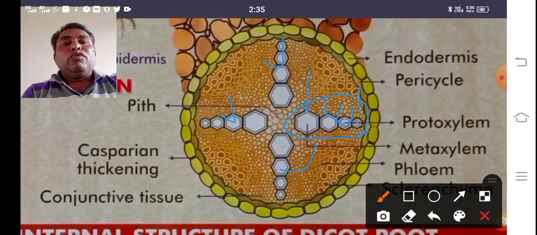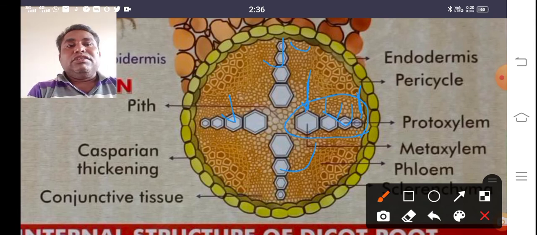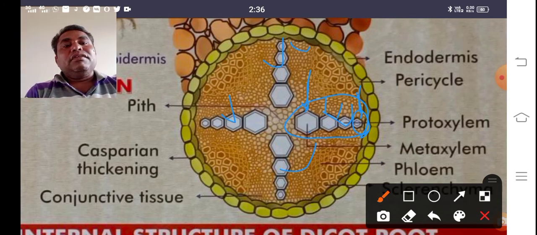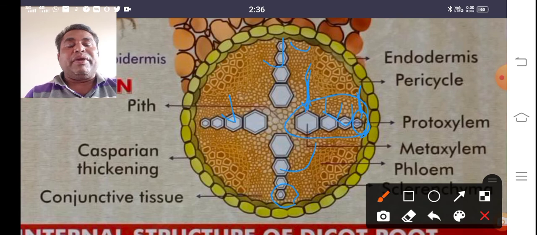So towards the pericycle, the smaller xylem cell is present. Towards the center of the vascular bundle, the larger xylem cell is present. The smaller xylem cell is called protoxylem. The larger one is called metaxylem. Usually the smaller cell, the protoxylem, is present towards the pericycle, the peripheral region.